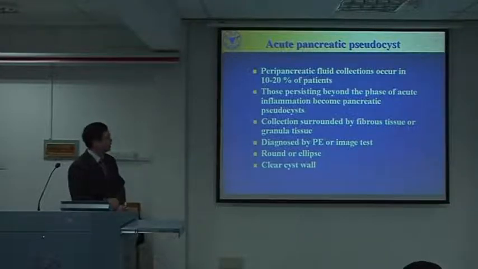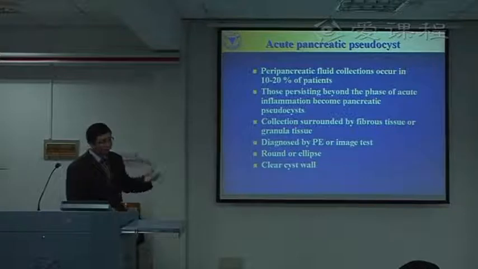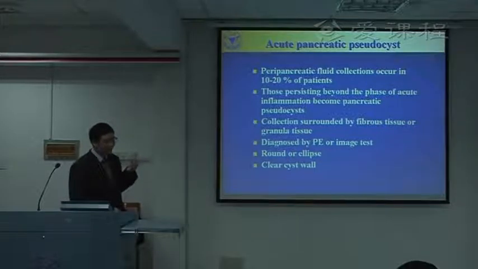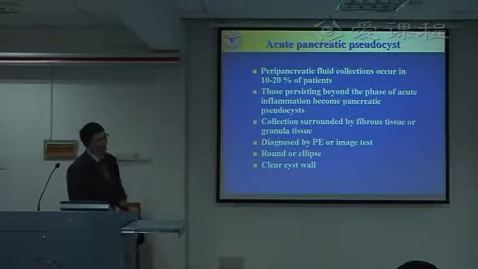Because the fluid from the pancreas is very dangerous, its content may include pancreatic juice. So we call it a pseudocyst. But in other diseases we don't call it a pseudocyst.